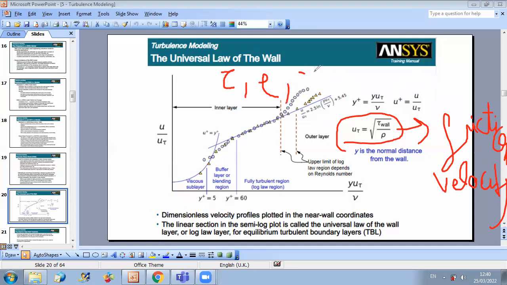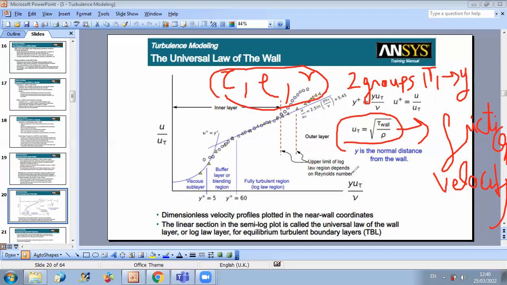To form the two groups, the first group, pi 1, is formed by combining y with these parameters. And from your analysis, you will observe the group will be y times radical tau over rho, over mu.